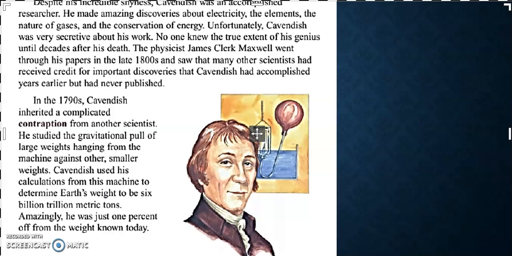Unfortunately, Cavendish was very secretive about his work. No one knew the true extent of his genius until decades after his death. The physicist James Clerk Maxwell went through his papers in the late 1800s and saw that many other scientists had received credit for important discoveries.